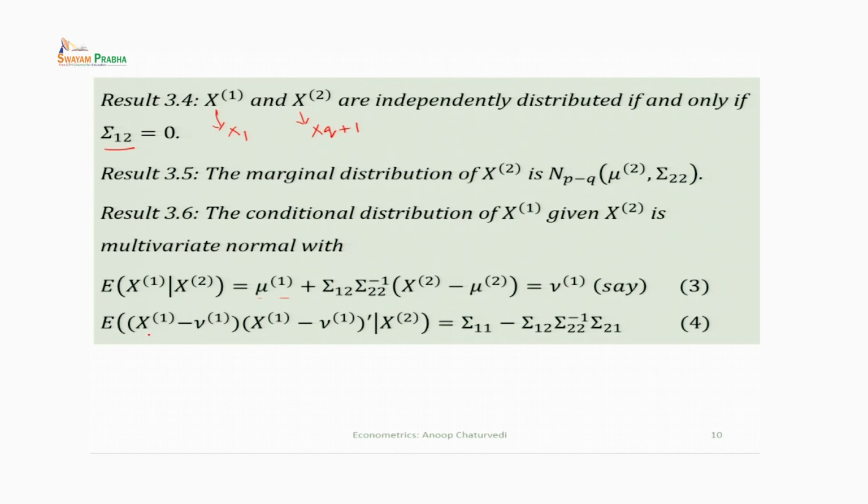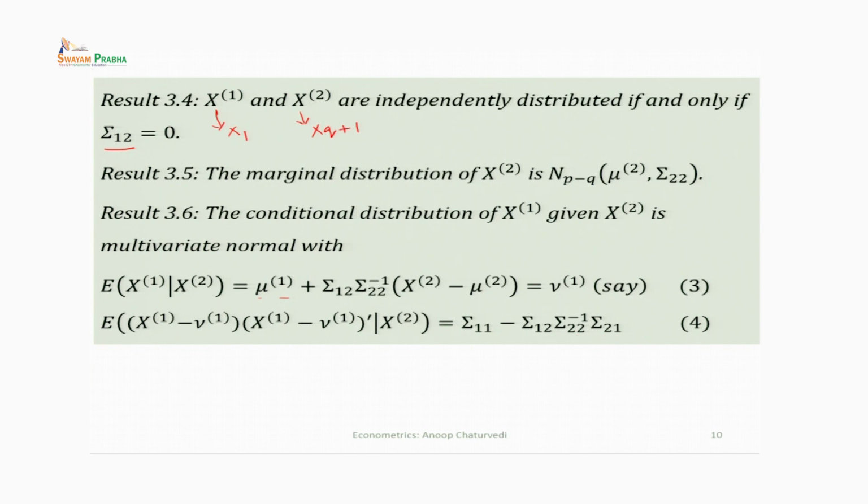The conditional variance covariance matrix of x1 is the expectation of (x1 minus nu 1)(x1 minus nu 1) transpose given x2, which is equal to sigma 11 minus sigma 12 sigma 22 inverse sigma 21.